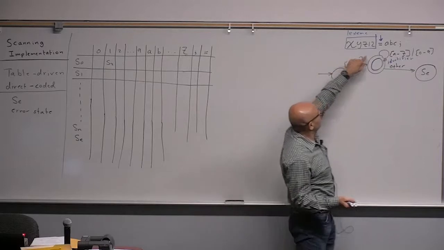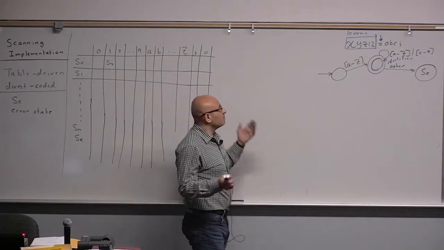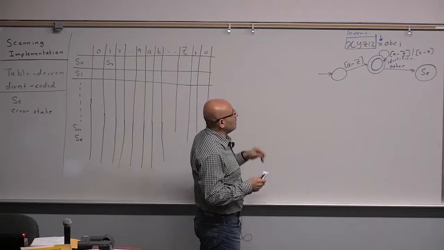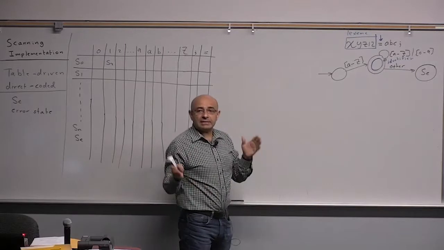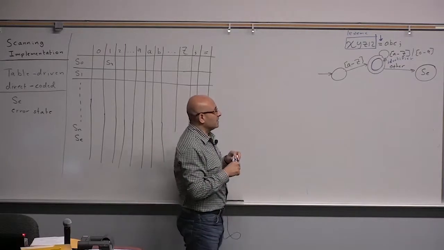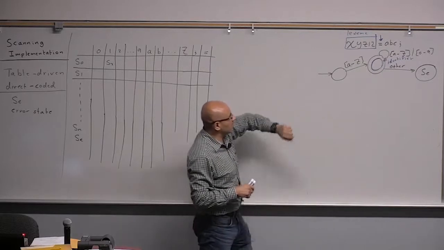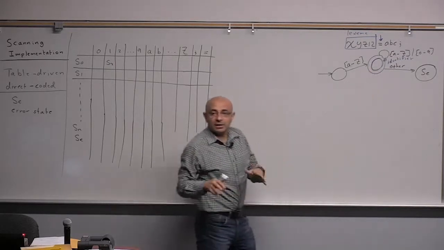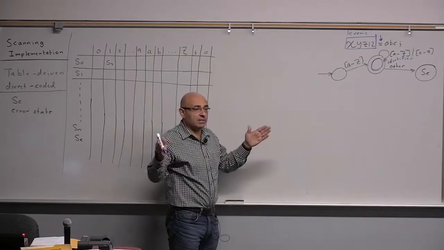So after you reach this, when you get to the error state, you need to backtrack to the last accept state that you visited. So in this case, you backtrack and you go to this last accept state, and you take this as the longest match. Remember last time we go for the longest match, right?